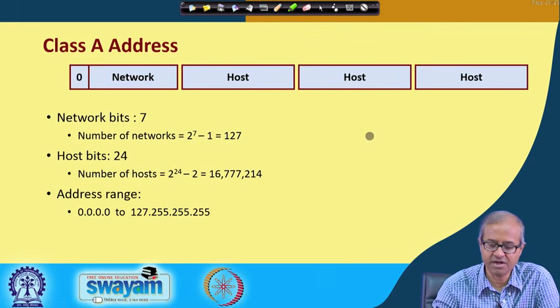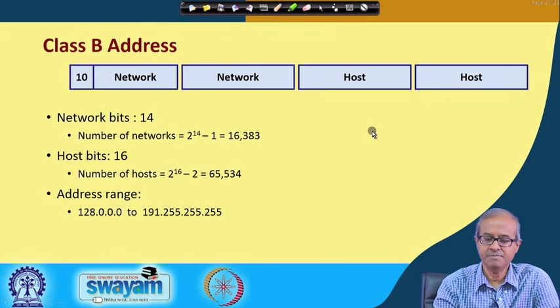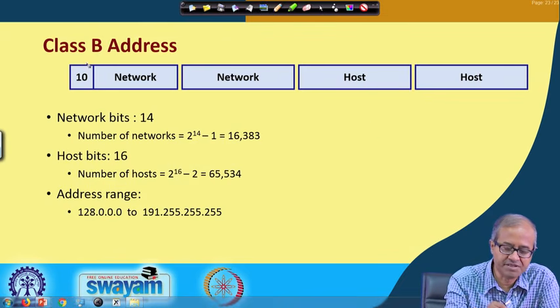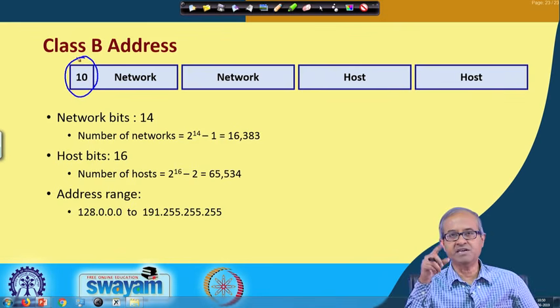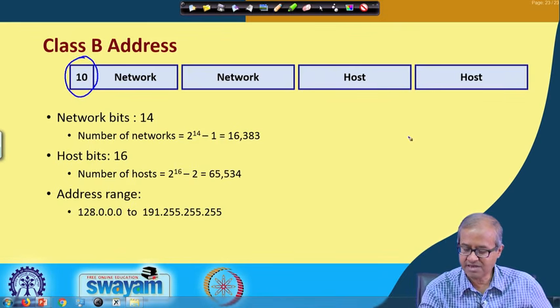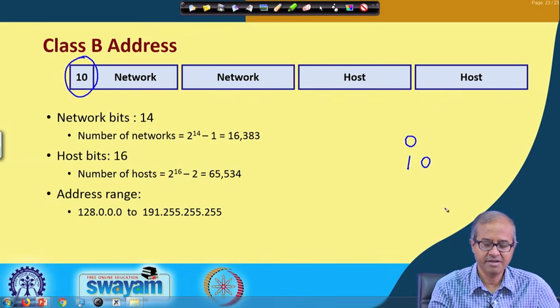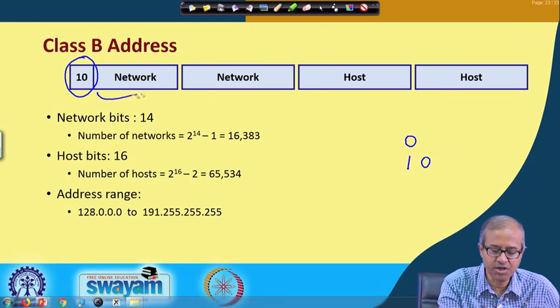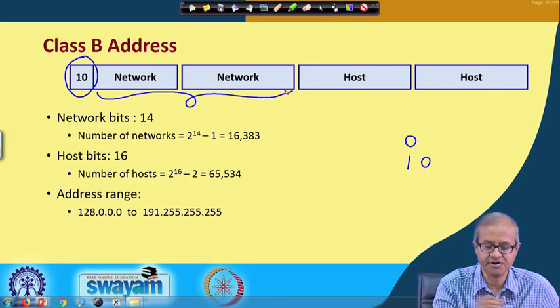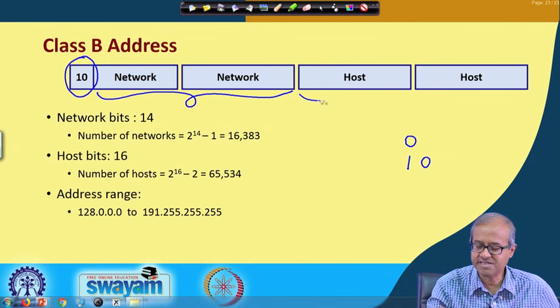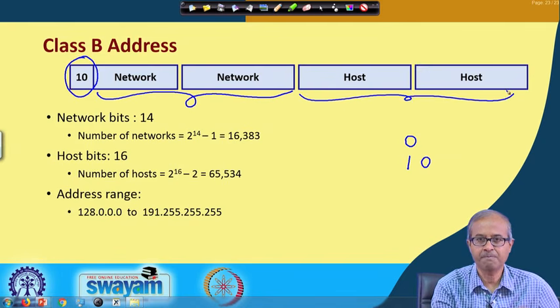Now, let us look at class B. Class B is uniquely identified again by the first few bits, the first 2 bits. Anything that starts with 0 means class A, anything that starts with 10 means class B. Here we have 14 bits for the network, 2 bits are left aside, and 16 bits for the host.